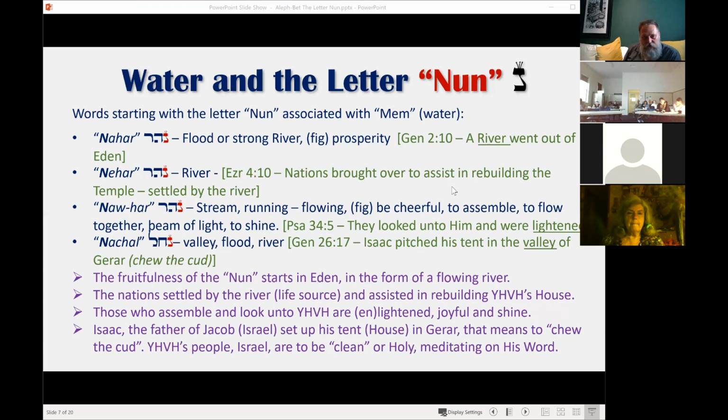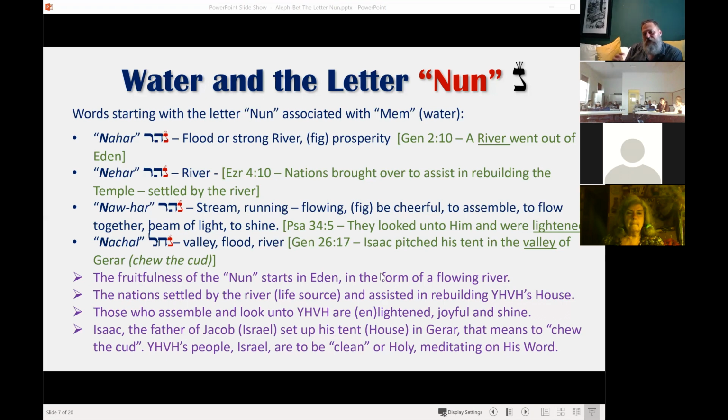And the consequence of that is to be cheerful, to assemble. So that again is connected to the letter Kaf, which is a collective hand, which represents the body of Messiah. And where this word is found is in Psalm 34, verse 5, where they looked upon him and were lightened or enlightened. So that's also a positive connotation to this word that starts with the letter Nun.